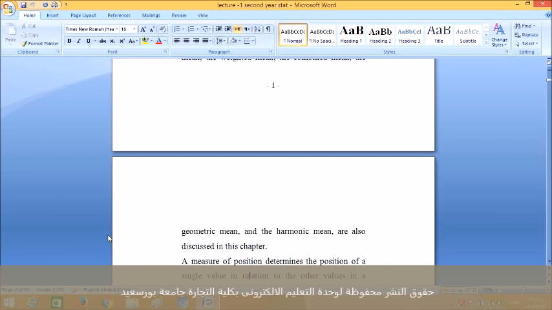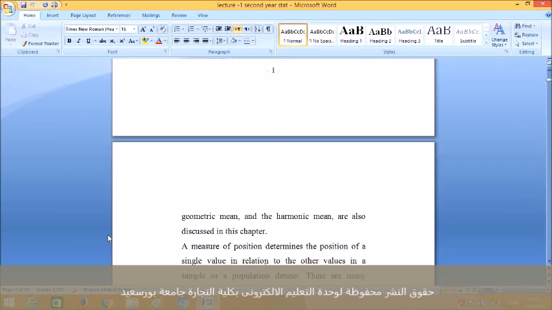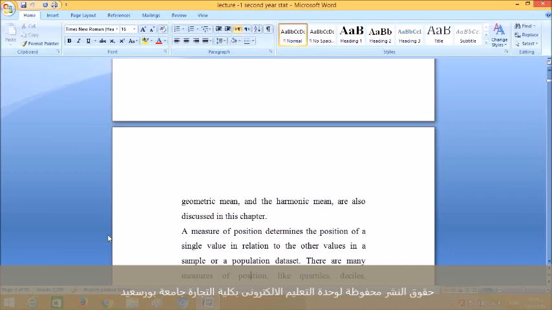A measure of position determines the position of a single value in relation to the other values in a sample or population data set.